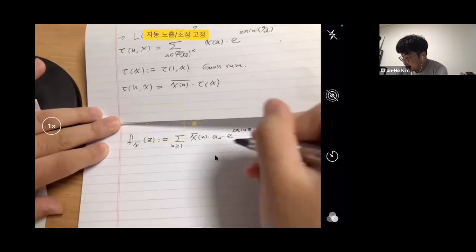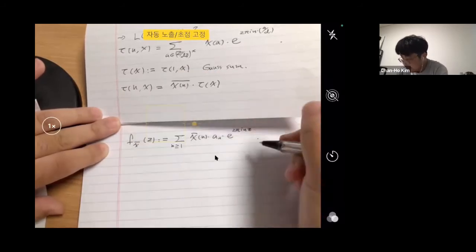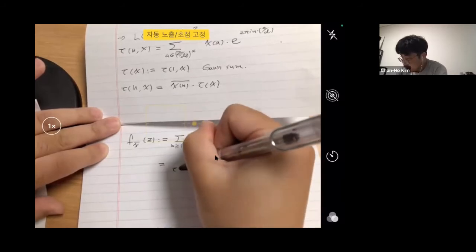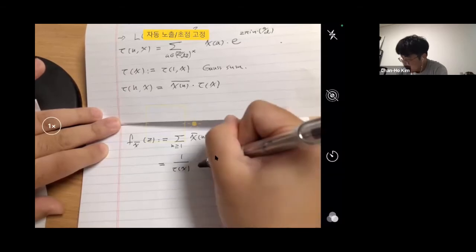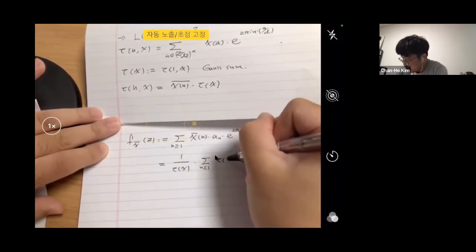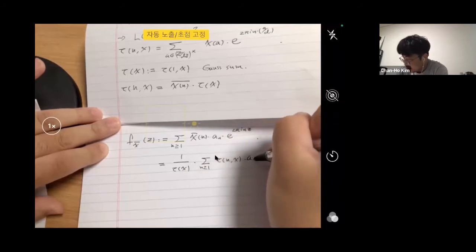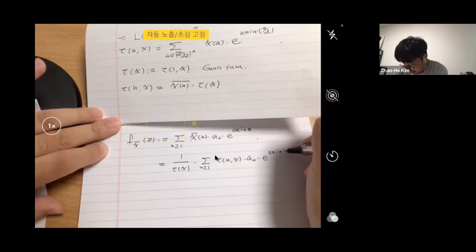And rewriting this Gauss sum using tau_n(chi), then I have 1 over tau(chi) times the sum of tau_n(chi) times a_n times e^(2 pi i n z).